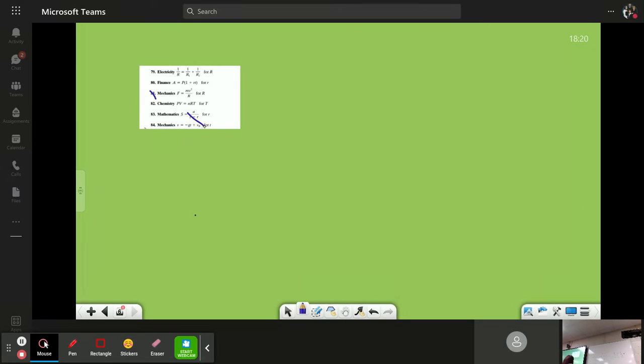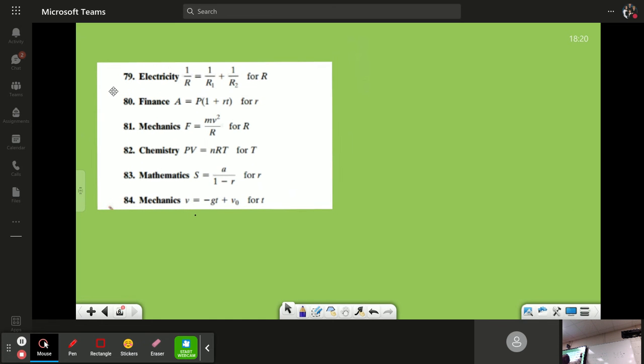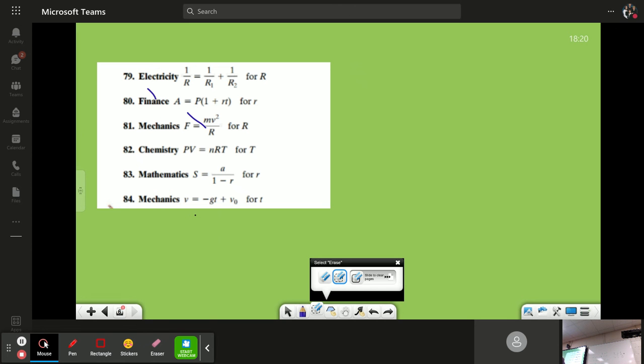All right, let's try our last set of problems. These are the same thing. I've got to get a certain letter alone, some letter that they give me, by itself. I'm going to use the same exact steps that I used for solving any equation.